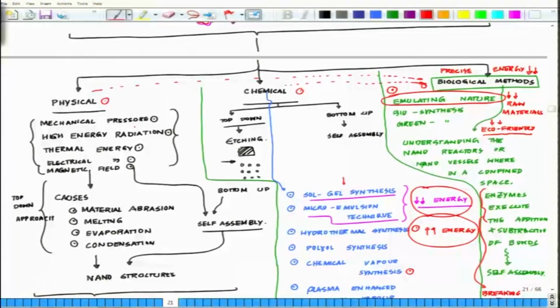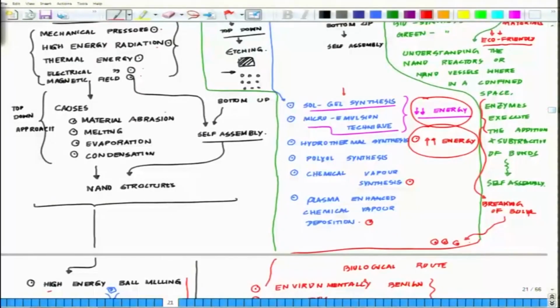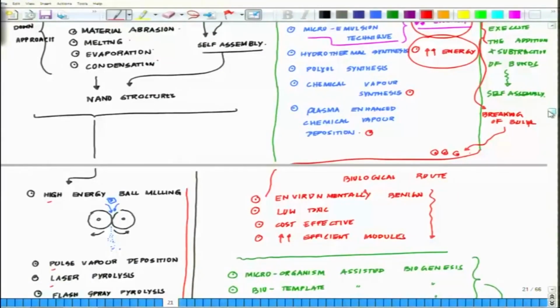In the physical, I talked to you about application of mechanical pressure, high energy radiation, thermal energy, electrical energy, magnetic field, which cause material abrasion, melting, evaporation, condensation, leading to the formation of nanostructures. The very first technique we talked about is high energy ball milling, so today we will talk a little bit about high energy ball milling first.